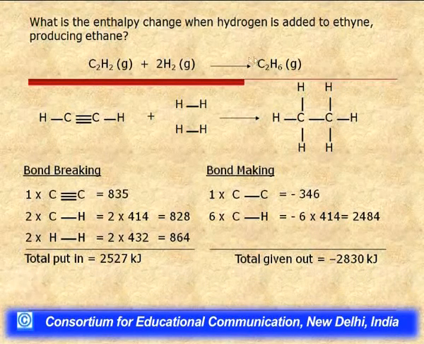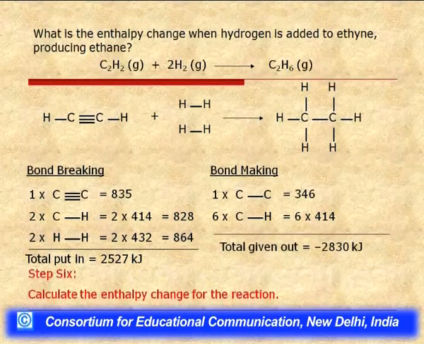So, when from the gaseous atoms the ethane molecule gets produced, there occurs a heat evolution, that is minus 2830 kilojoule per mole, and whenever all the bonds in the reactants are broken, 2527 kilojoule per mole of energy needs to be given to the reaction system.